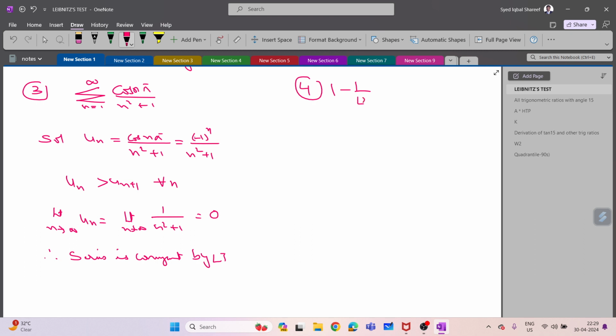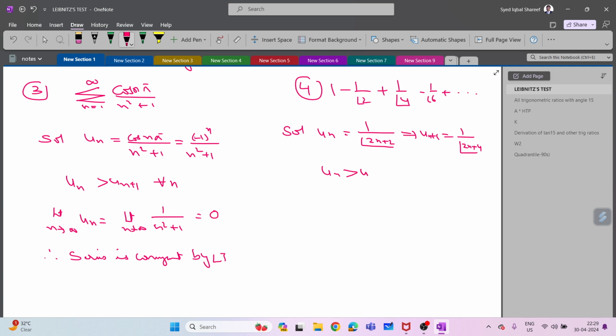One more problem. 1 by 0 factorial minus 1 by 2 factorial plus 1 by 4 factorial minus 1 by 6 factorial, and so on. So what is un? Even numbers are there, so un is 1 by 2n plus 2 factorial, and un plus 1 is 1 by next term 2n plus 4 factorial.